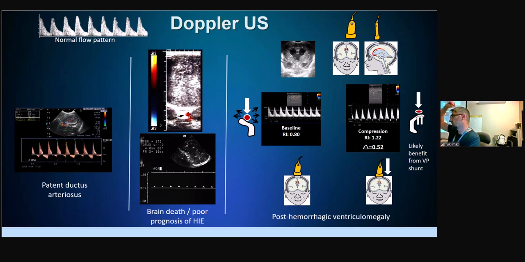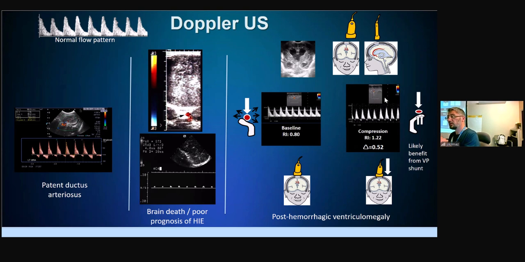So you put your probe over the anterior fontanelle, then you compress the brain slightly for 3 to 5 seconds. When you compress it, you compress the anterior pericallosal branch of the anterior cerebral artery, and you push it and change the flow pattern.